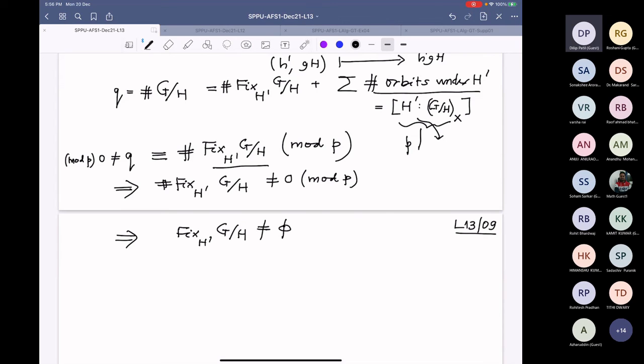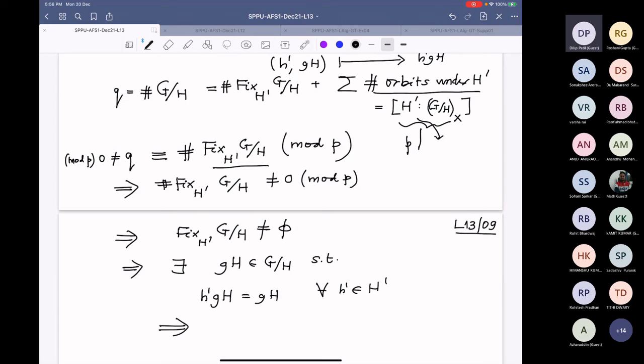That means there exists a left coset GH in G by H which is invariant under all elements of H prime, such that H prime times GH equals GH for all H prime in H prime.